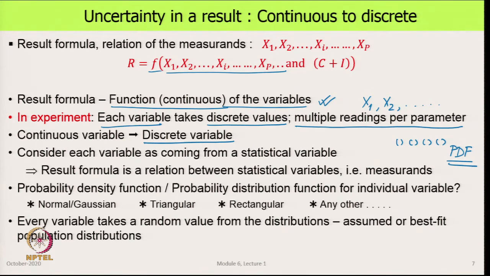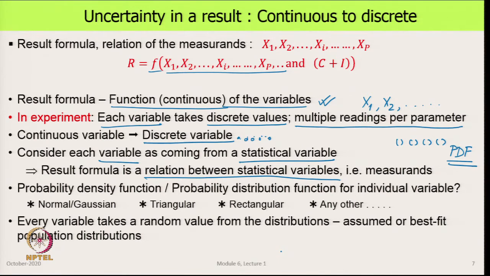So, what we are saying then, if you look at it backwards again, is that these discrete variables that we had here, which is the value of every parameter, for that parameter these were variables coming from a statistical variable. So, now the result formula has become a relation between statistical variables. The x1s, x2s, xi's are no longer continuous, but they have discrete values which are coming from some type of a probability density function or a probability distribution.